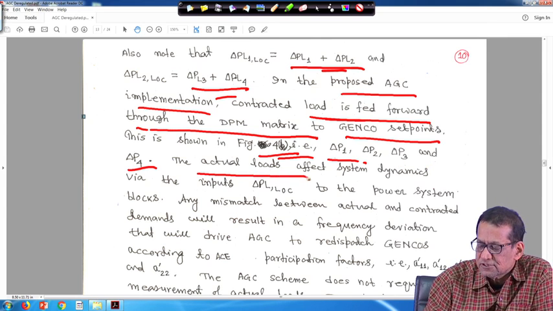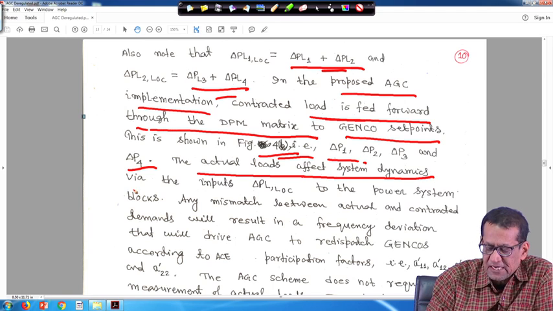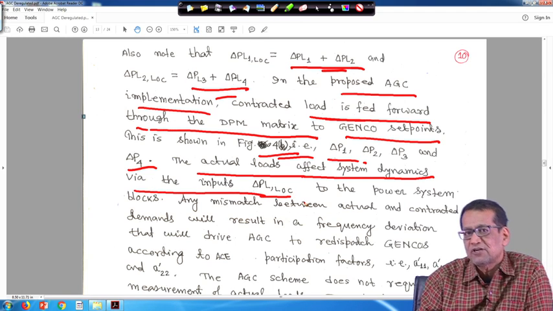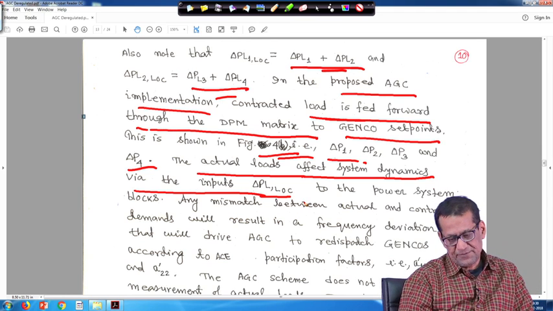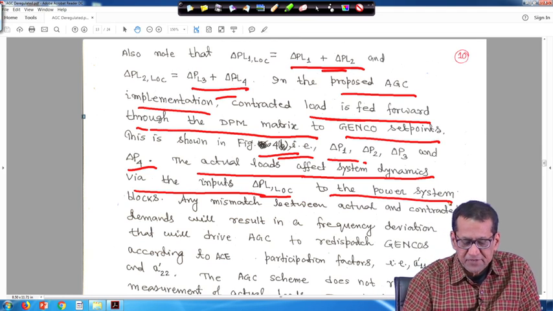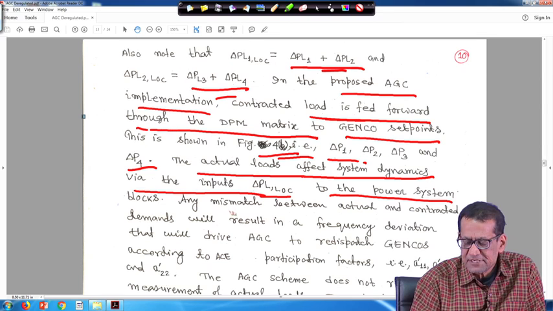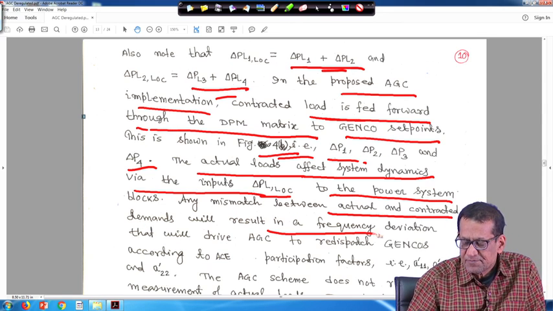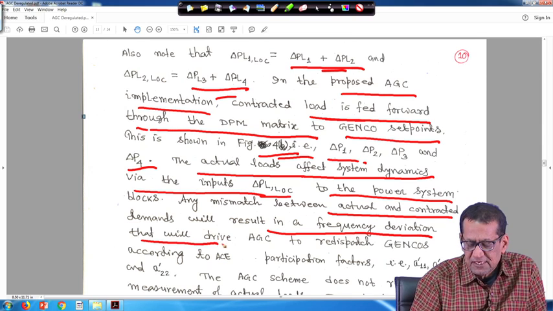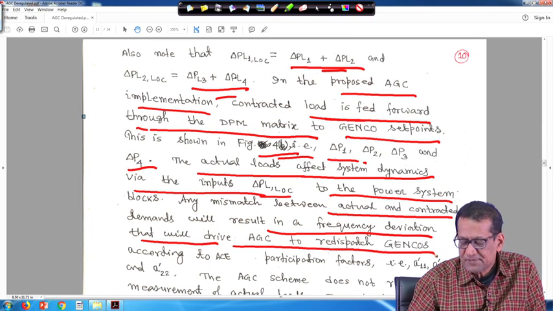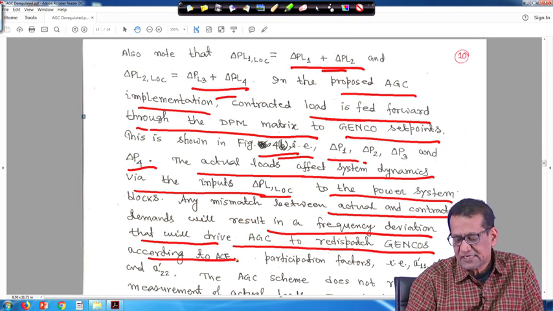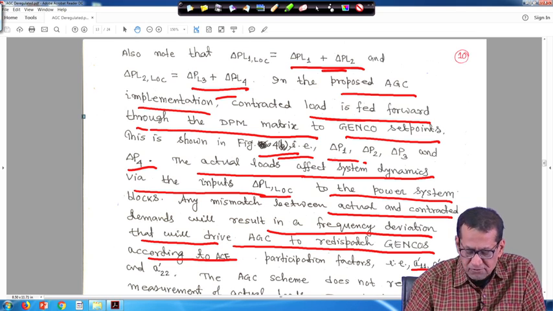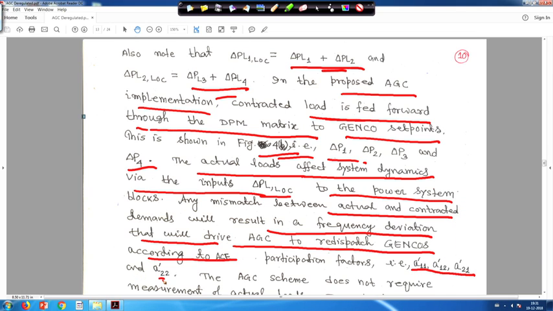The actual loads affect your system dynamics via the inputs delta PL1 local and delta PL2 local to the power system, right. That is the power system block. Any mismatch between actual and contracted demands will result in a frequency deviation that will drive AGC to redispatch GENCOs according to AC participation factors, that is A-11, A-12, A-21, A-22, right.